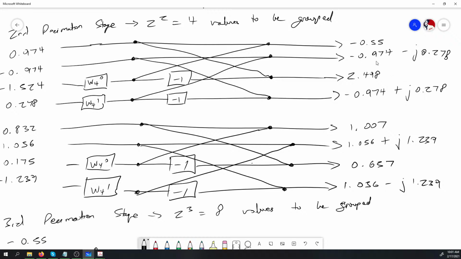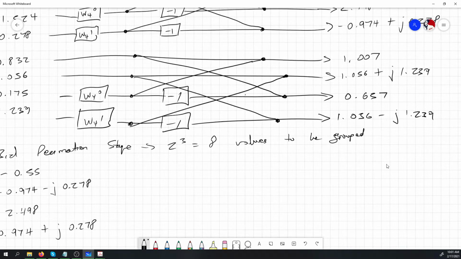So for here, we had -0.974, which is the same thing here as -0.974, and the only difference between the two here is going to be the sign in front of the imaginary values, which was j 0.278. This here was negative, this here was positive. The same pattern was observed here, where we had 1.056 for these two values, and we had j 1.239 here was positive, and here was negative as well. So that's a good indicator to know if you're on the right track. If you don't see this sort of pattern, that means somewhere along the way you did the calculation wrong, so you will have to review a calculation.